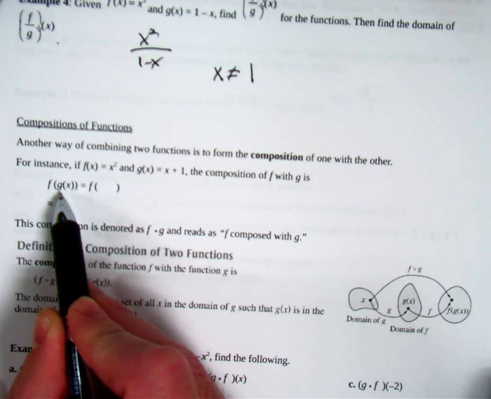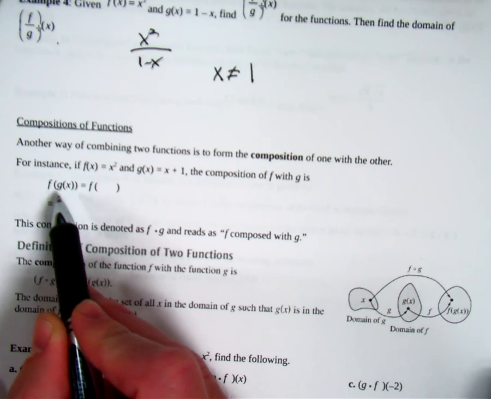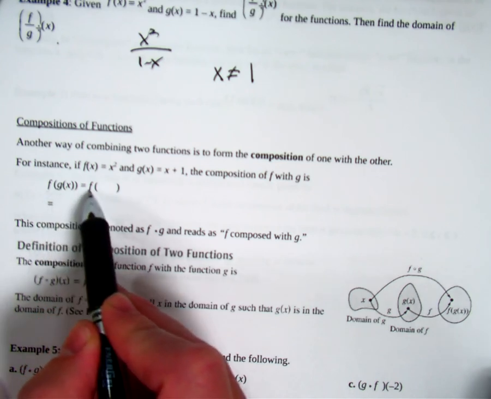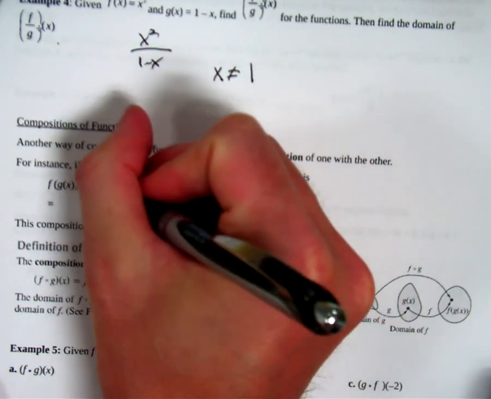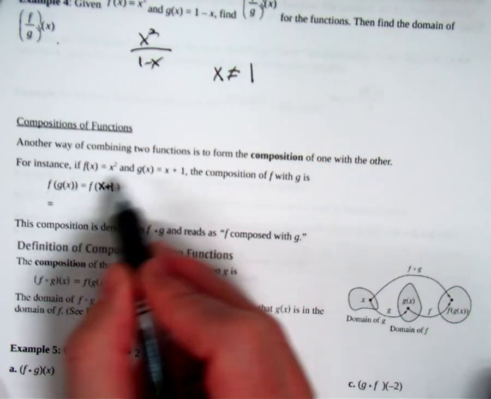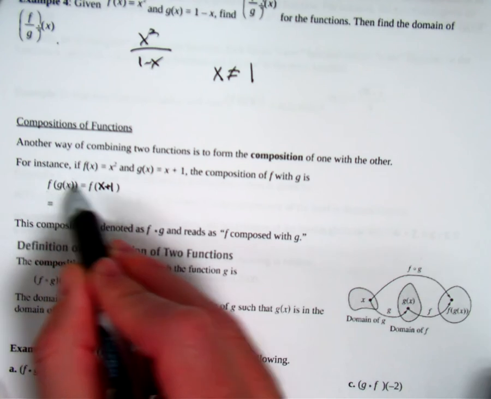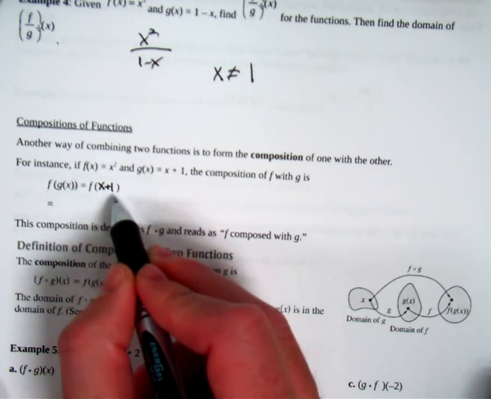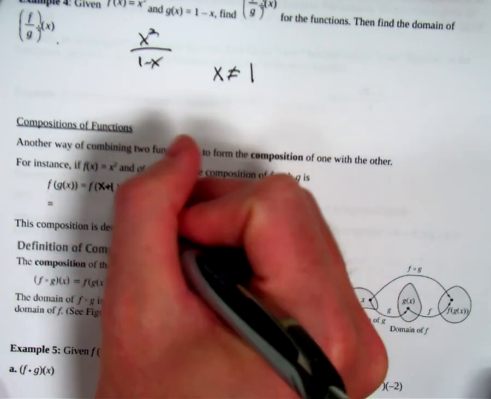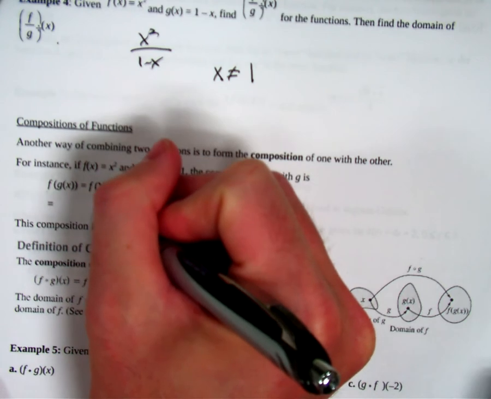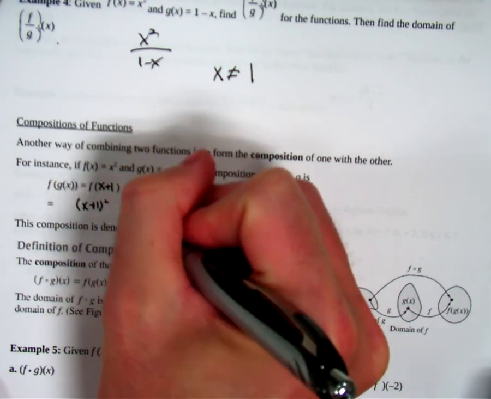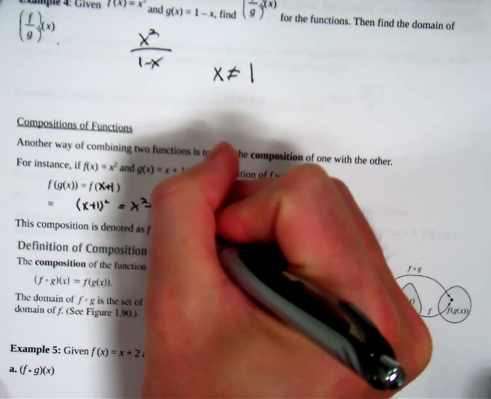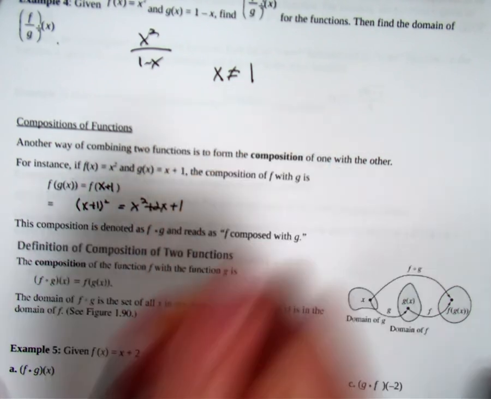It would be equal to f of, well, what is g of x? g of x is x plus 1. So we're doing f of x plus 1. We're taking what g of x is and putting that into the f equation. If I do f of x plus 1, that's going to be x plus 1 squared, x squared plus 2x plus 1.